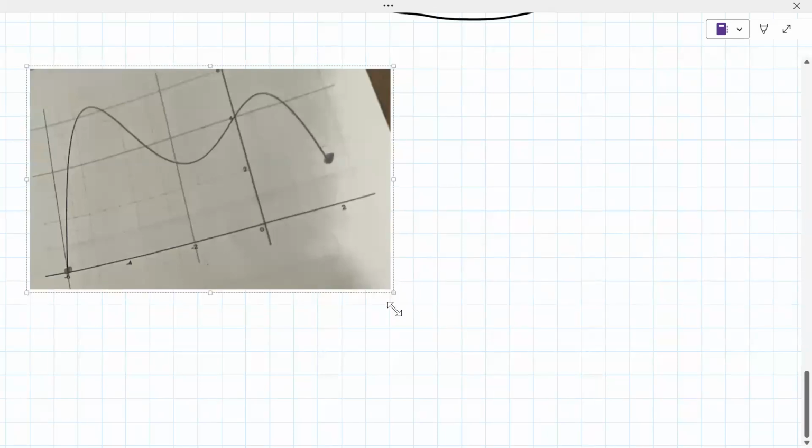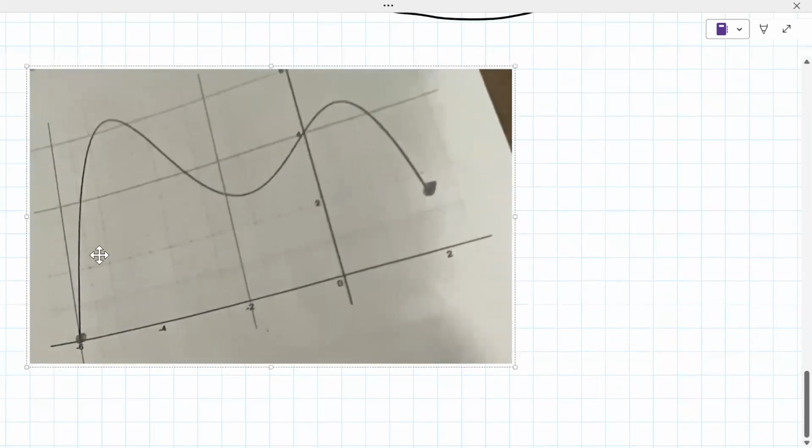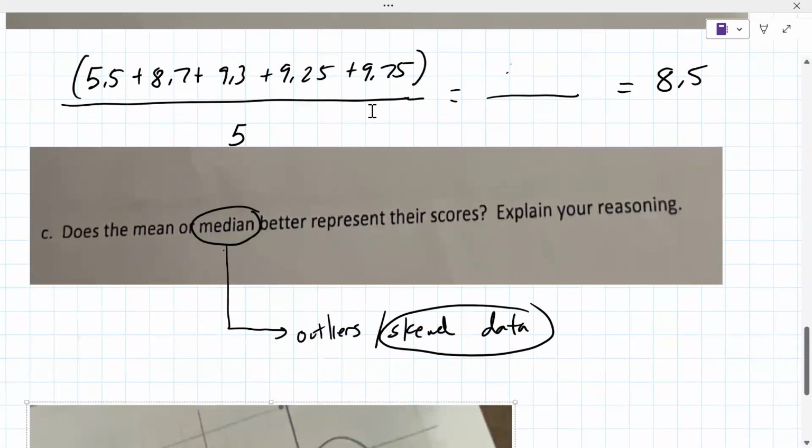All right, so we're going to go back to number one. So here's the graph. Let's go back to number one. So explain your reasoning. It's just the median, and you can just say the data is skewed.